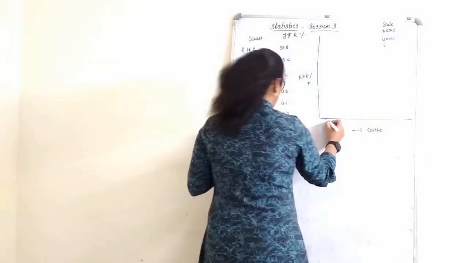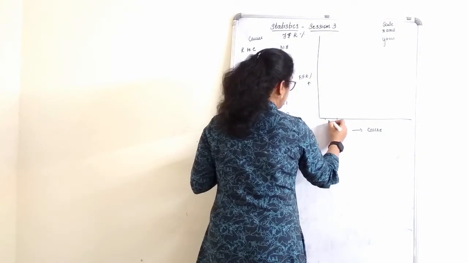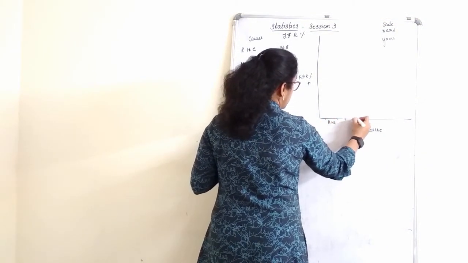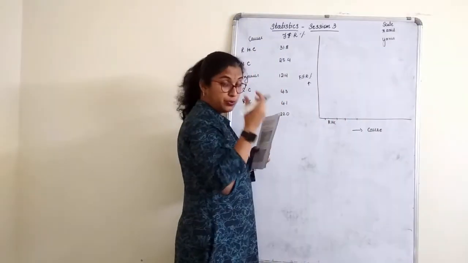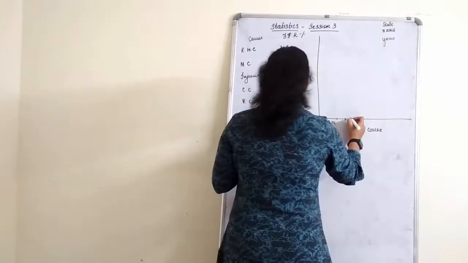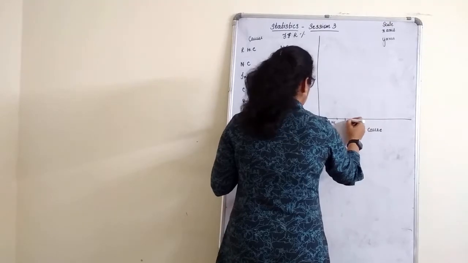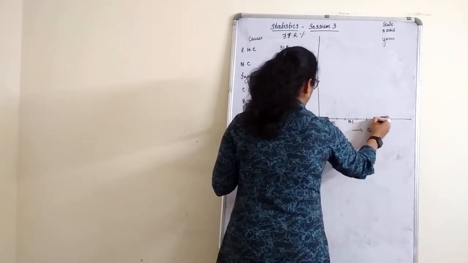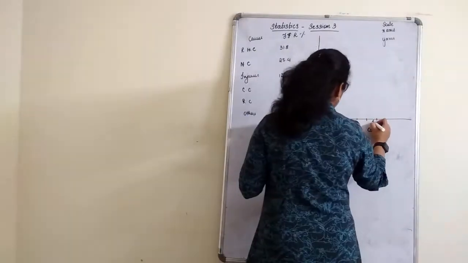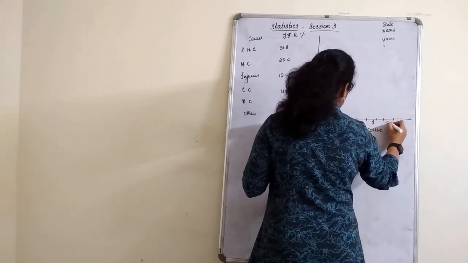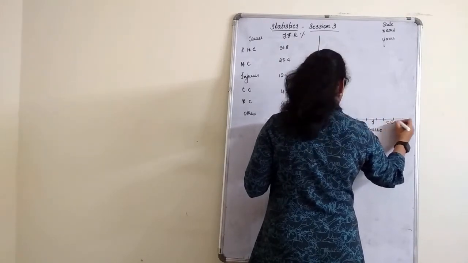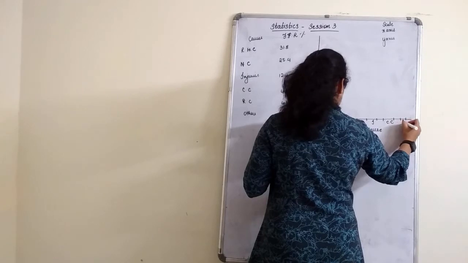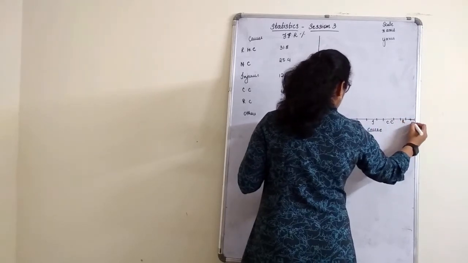First is reproductive health condition, the first box. Leave one box gap between. Neuropsychiatric condition is the second box, third box is injuries, fourth box is cardiovascular condition, then respiratory, and last is others.